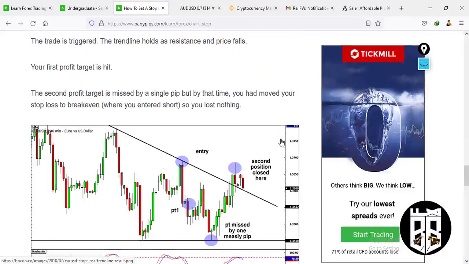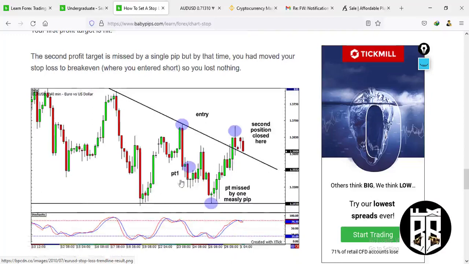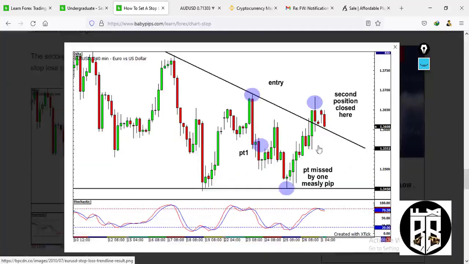Now we got filled in, we got triggered into the market, and then the first position smashed take profit, and the first TP was made. The second TP was missed by just one measly pip. So that is how the trade went.